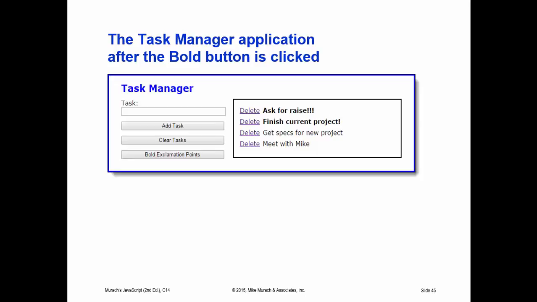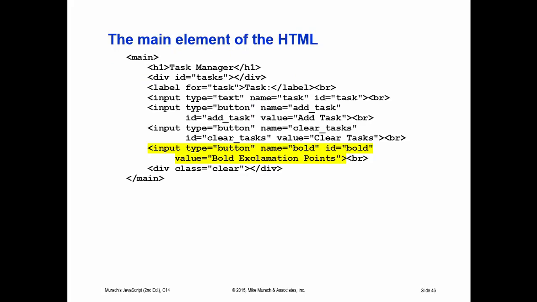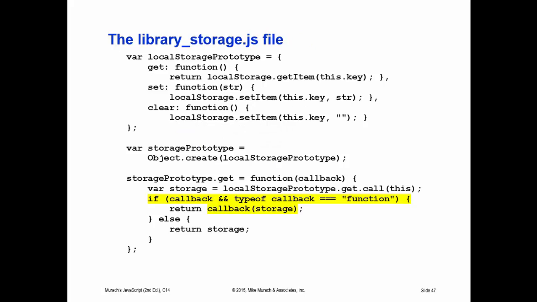So the storage library file, which is shown on page 463 and on the screen here, uses callback functions to create a storage library object that is more flexible. Here, applications can pass callback functions that determine how to transform the data the library gets and sets. And these get and set methods check to make sure that the callback functions both exist and are functions before they're actually called.